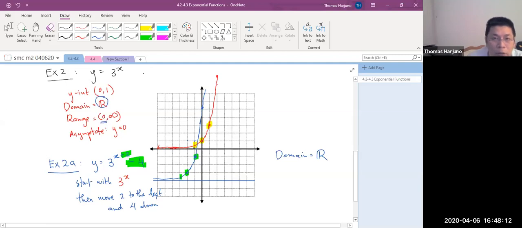Originally from 0 to infinity, but because we move it 4 units down, the range now becomes, you can see from the blue graph here, from -4 to infinity. And then the asymptote will be y equals -4.